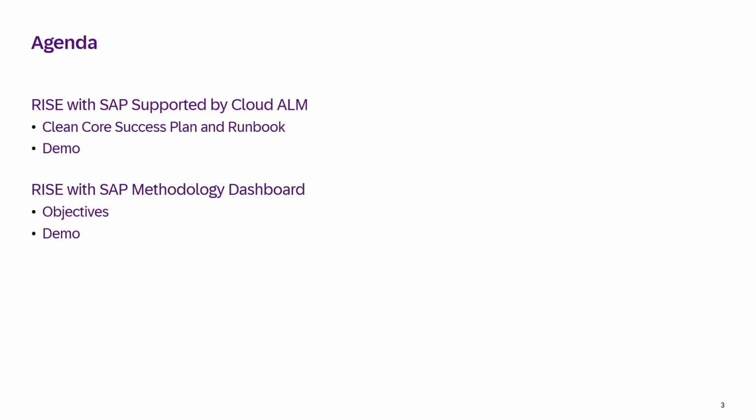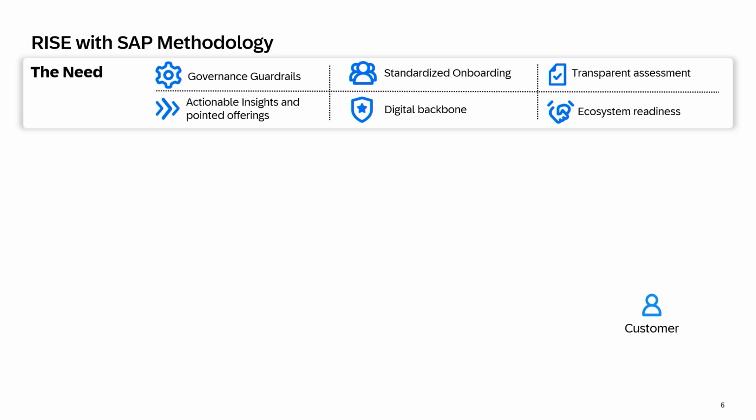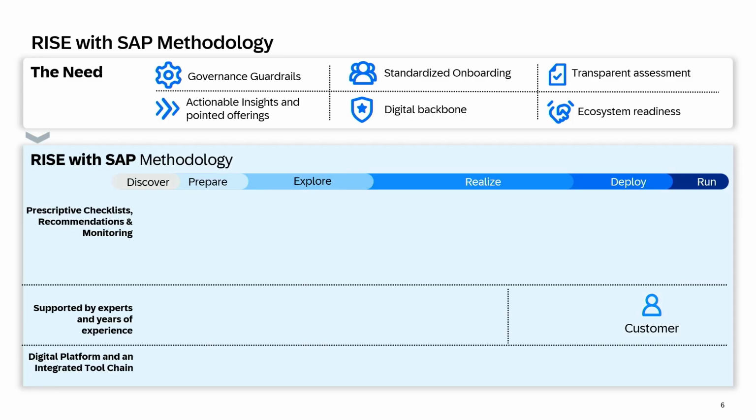Probably some of you were already in the previous session where our RISE expert, Chris Lewis, talked a bit more about the RISE migration and modernization program, what it has to offer, how it's tailored to support our customers who are transitioning from their ECC or S/4HANA into their private cloud ERP.